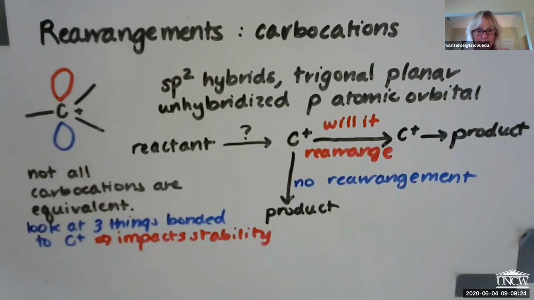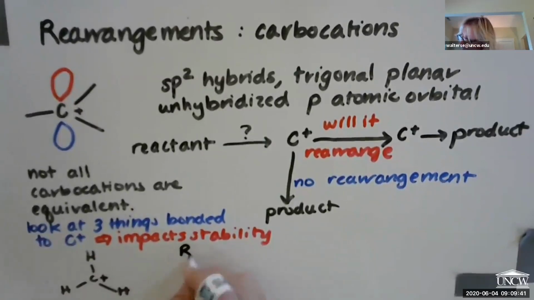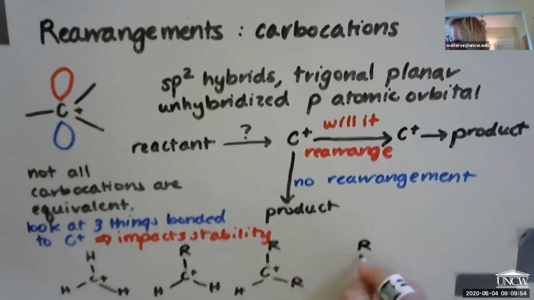So the types of carbocations you can have: 3 hydrogens bonded to them, then 1 R group, 2 R groups, 3 R groups.